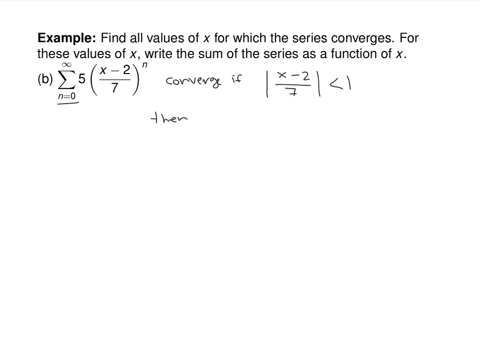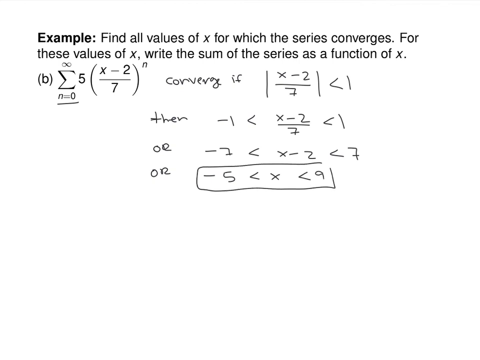And that means that -1 is less than x minus 2 over 7, which is less than 1, or -7 is less than x minus 2, which is less than 7, or adding 2 everywhere, -5 is less than x, which is less than 9. So for x between -5 and 9, you ensure that the value of x minus 2 over 7 is less than 1.